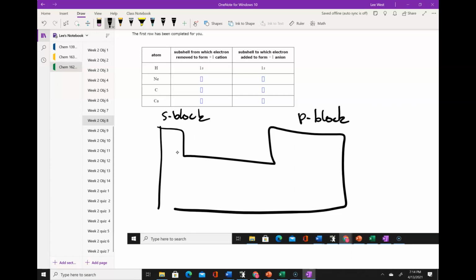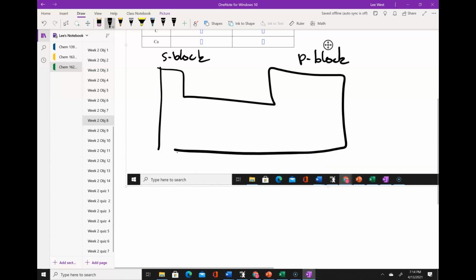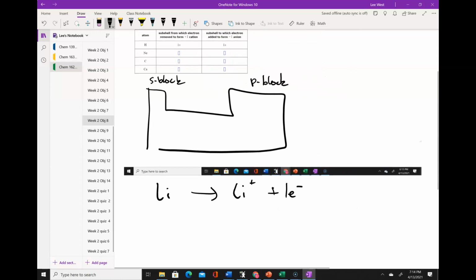And what happens is every time we lose an electron, so say I have lithium, and this guy loses 1 electron, my atom gains a +1. Now, every time an atom gains an electron, the atom will gain 1 minus.